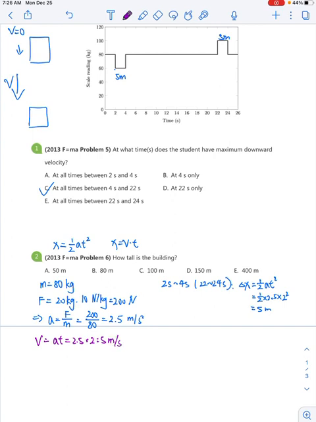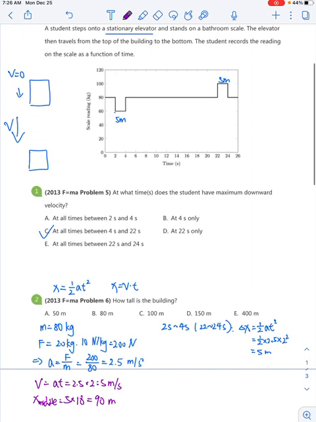So now we will see that the actual displacement in the middle is just 5 multiplied by the time. From 4 seconds to 22 seconds will be 18 seconds, and that will be 90 meters. So in the middle here we will have 90 meters. Now adding them up together, we are going to have 90 plus 5 plus 5 equals 100 meters, and that's also our final answer.